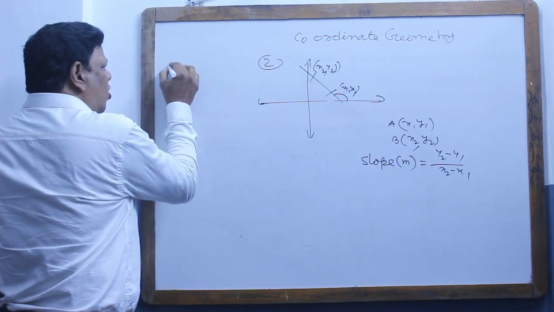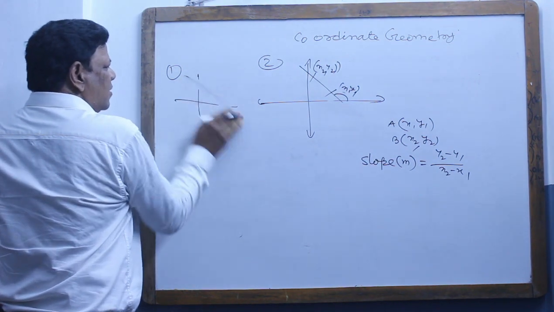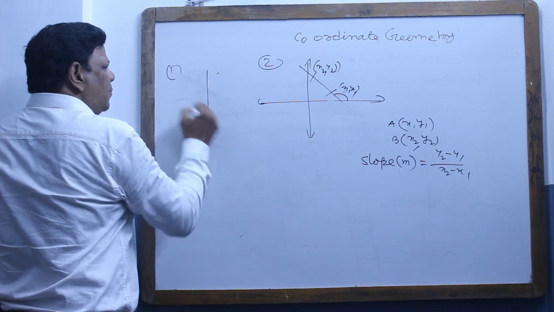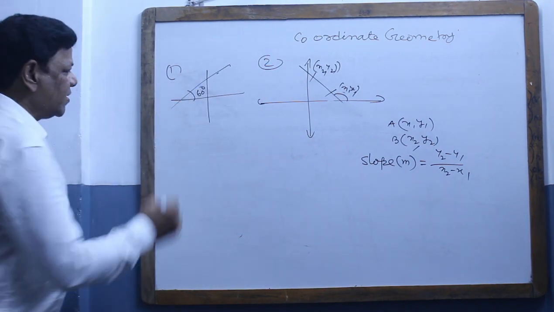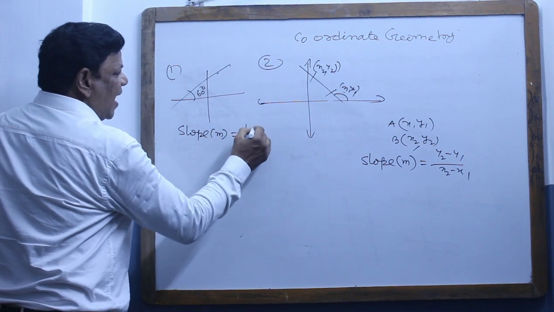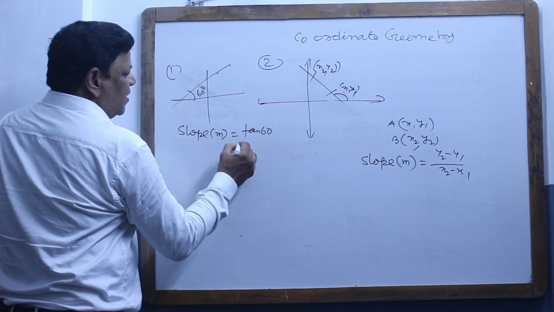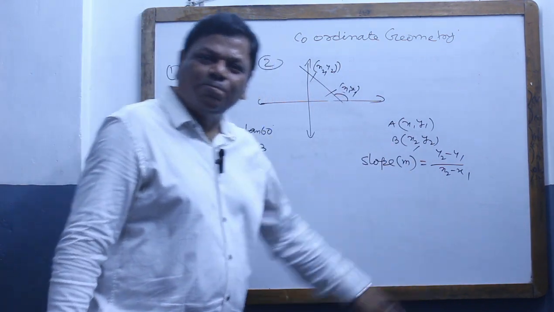And the first one that I taught, if it is given like this, say 60 degrees, what is the slope? Slope is tan 60, that means root 3. So this way also you can find the slope.